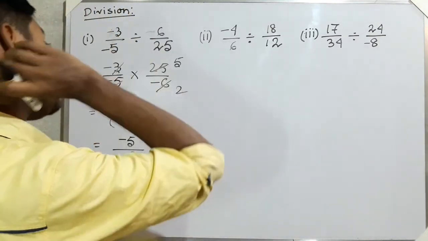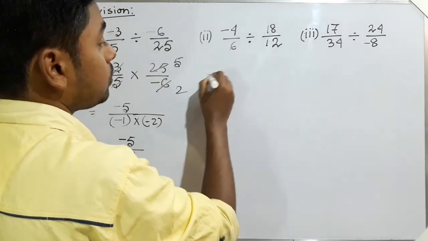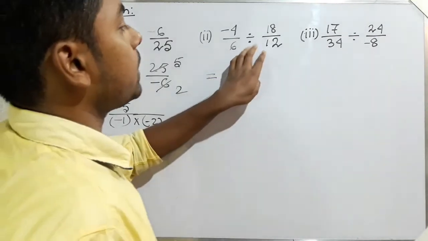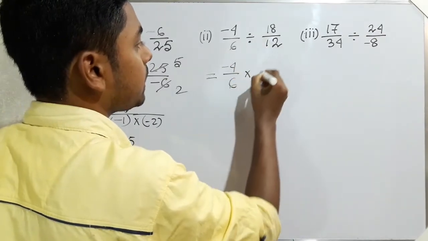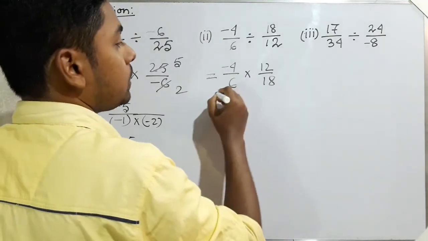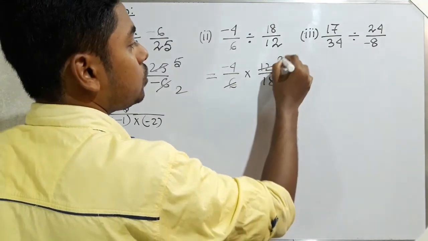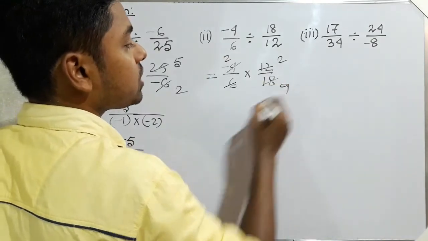Now we are doing the second question. Okay, so what do I have to do? First of all, you have to change this sign into multiply. So minus 4 by 6, this division sign becomes multiply, then 12 by 18. Now you have to cut it. So 6 twos are 12. Now 2 twos are 4, 2 nines are 18.